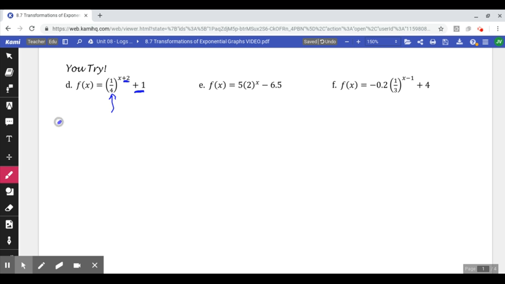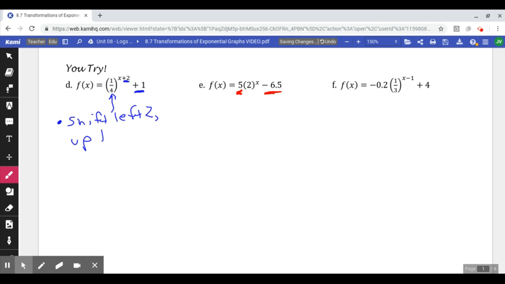So here we have addition of 2. So this will be a shift left 2. And then the plus 1 is not by the x. So that's going to be a shift up 1. With part E, we have a 5 out front, and then we have a minus 6.5 to deal with.